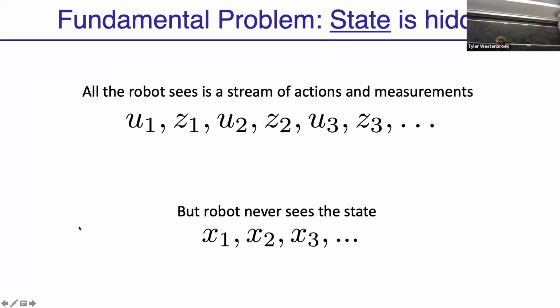So the fundamental problem we're going to deal with today is we don't have access to the state of the world, right? All of these things, which I said could be states of our system, there's no real absolute true way to measure. We can only try to infer what these things are from the observations and actions we took.